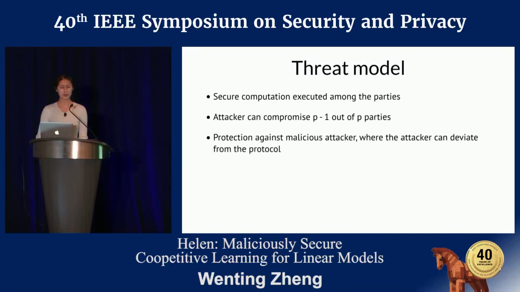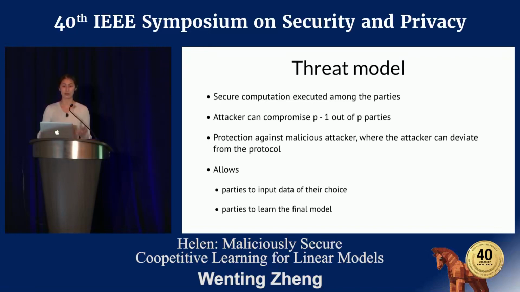We also want protection against a malicious attacker, which means the attacker can deviate from the protocol by trying to execute a different functionality or substituting inconsistent inputs into the computation. However, under this threat model, we do allow the parties to input data of their choice, and we also allow the parties to learn the final model, because you want the original functionality of the training process.